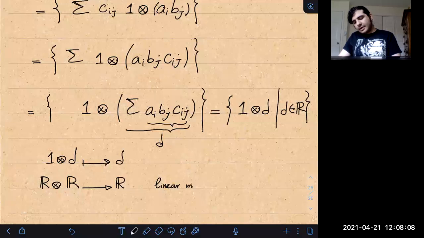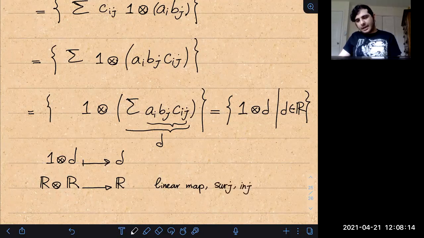You should check that it's surjective, which is kind of trivial, injective, etc. And when you do that, you would understand R tensor R is nothing really but just R. Okay, that's just it.